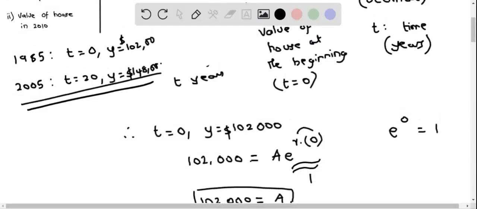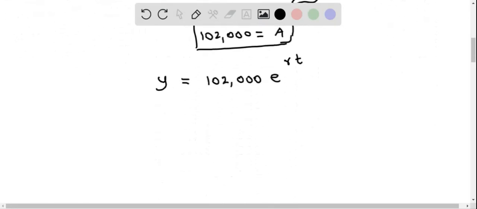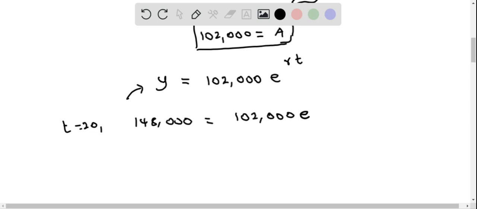So I'm going to replace y by 148,000, and this is corresponding to t equal to 20, into this equation. When I do that, I get 102,000 e raised to the power of r we have to find, and t we replace by 20. Now we can solve for r from this equation.